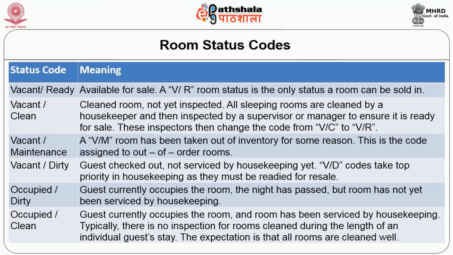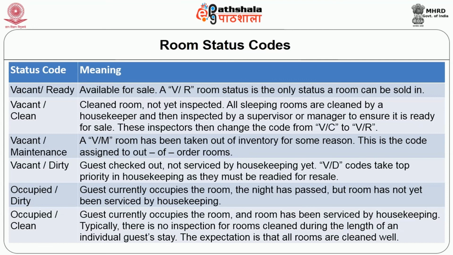Vacant dirty indicates that the guest has checked out and the room has not yet been serviced by the housekeeping department, and this code takes top priority with housekeeping so that they can make up the room and get it ready for sale again. For occupied dirty rooms, the guest currently occupies the room, the night has passed but the room has not yet been serviced by housekeeping. It is indicated as dirty, which alerts the housekeeping staff to see that the room is cleaned during the stay of the guest.